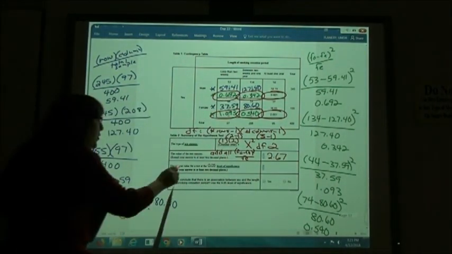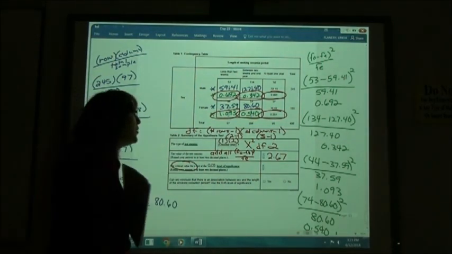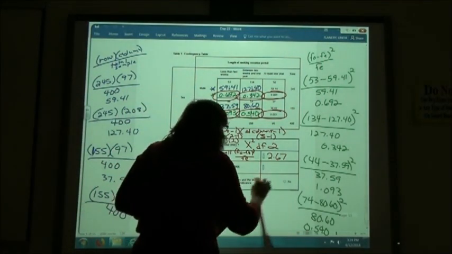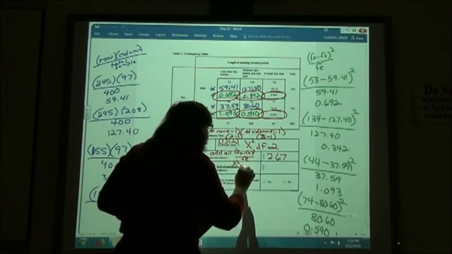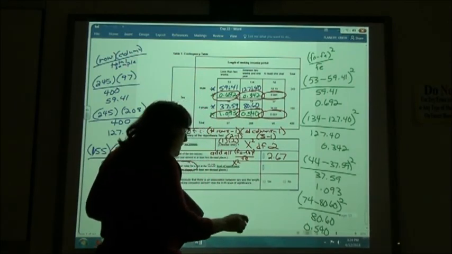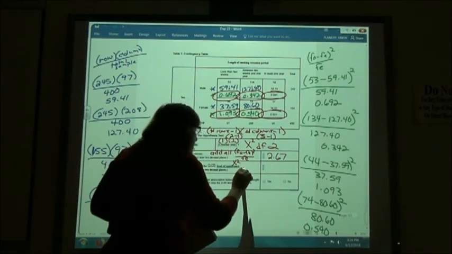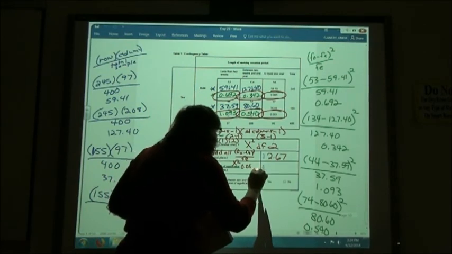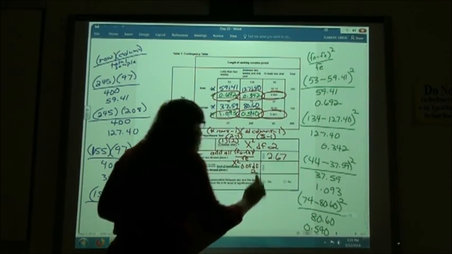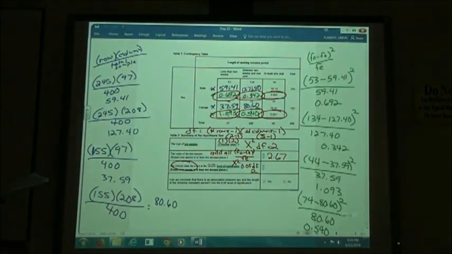We are going to do the critical value. We're going to do chi-squared sub 0.05 with a degree of freedom of 2. You have to use your calculator to do that one.